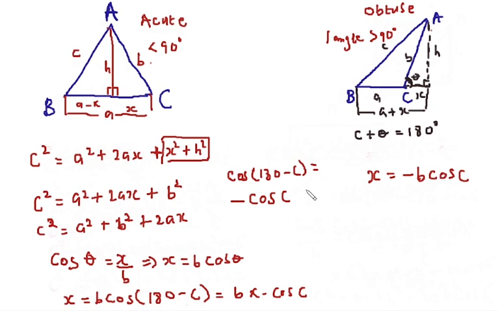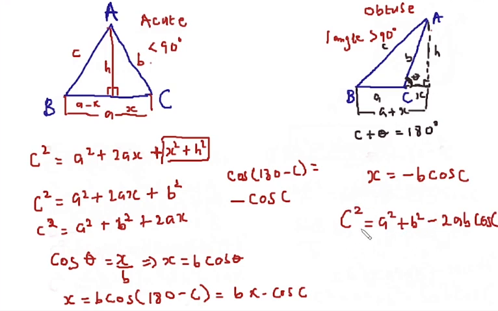So we can put x back into this equation. So we have c squared is equal to a squared plus b squared minus 2ab cos C. That's basically the same thing as we did before.